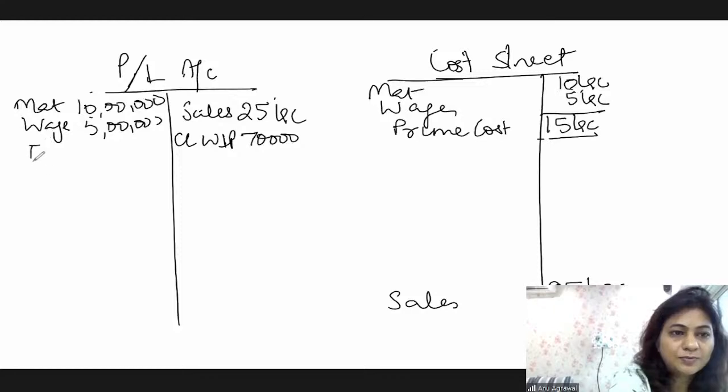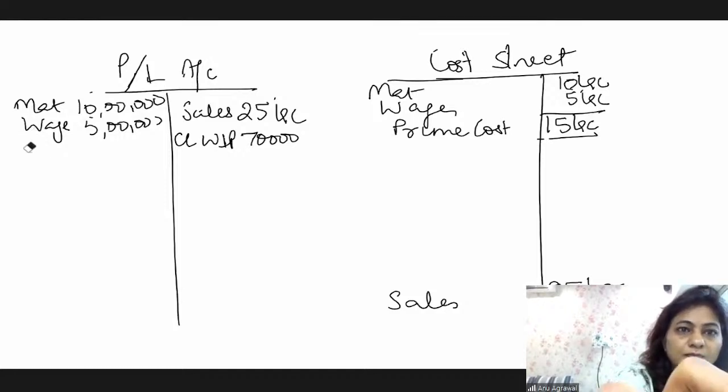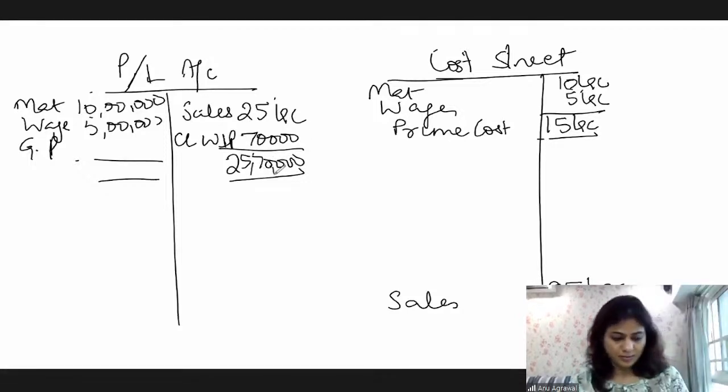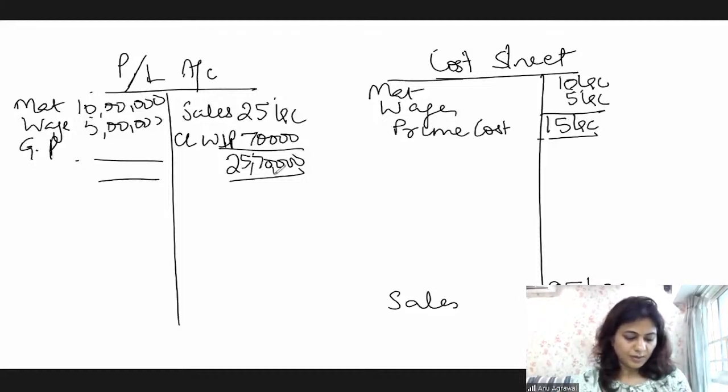So can I find out my trading profit, or you can say gross profit? My gross profit will be 25 lakhs 70,000 minus 15 lakh.